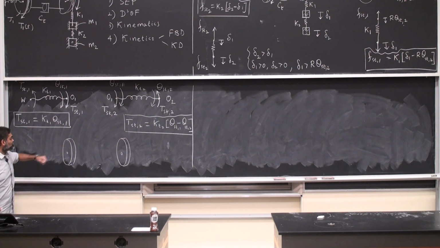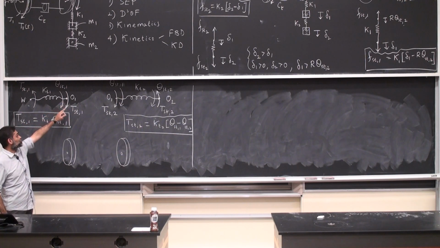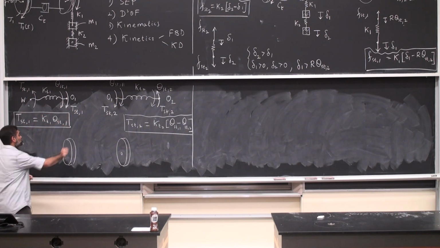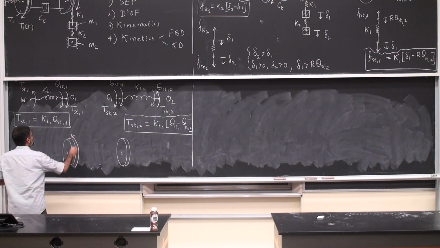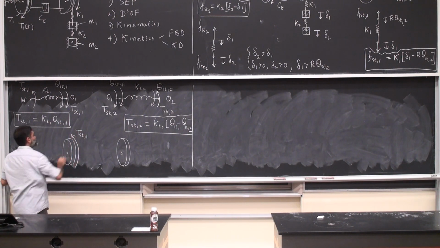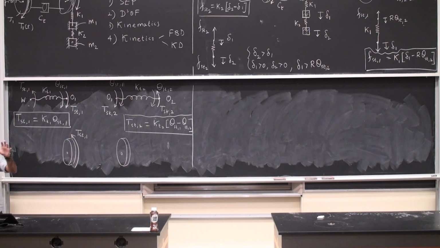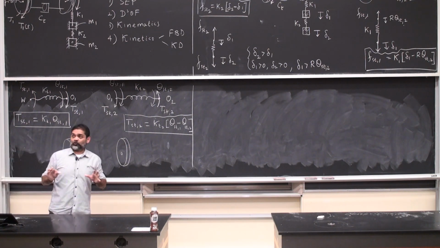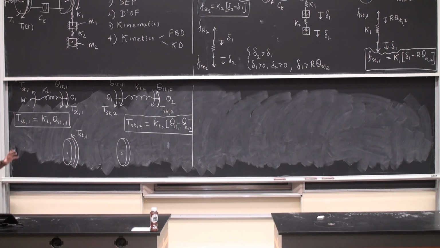This is the end O1. This is connected to that particular end, so I'm going to have an equal and opposite torque back on this body here. This is T static 1. Now this torque T static 1 is called a restoring torque. That is, the disk that was connected to that spring is trying to rotate it in the sense of theta static 1, and so the spring connected to that particular disk is trying to prevent it by producing a restoring torque.